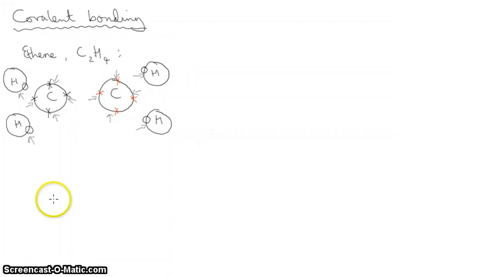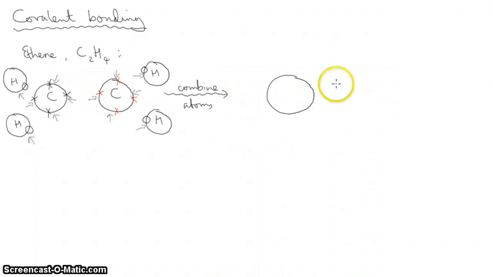So when you join all those up together, combine the atoms. Okay, 2 big circles of carbon. And on each carbon is attached 2 hydrogens.